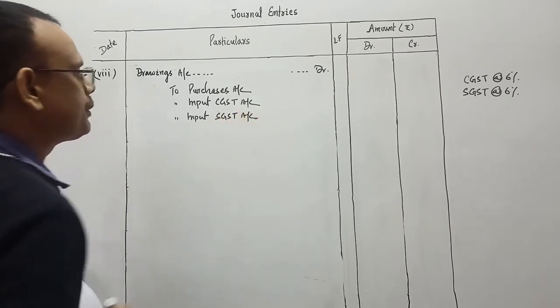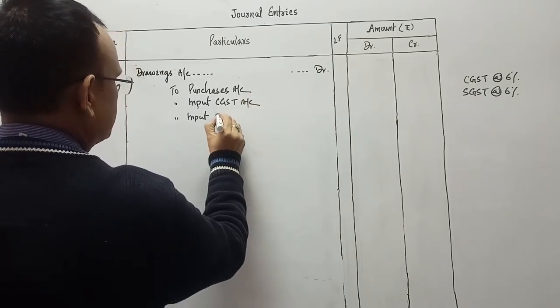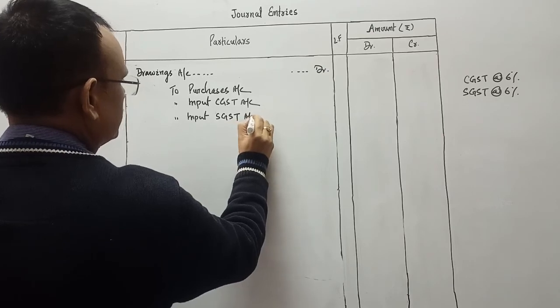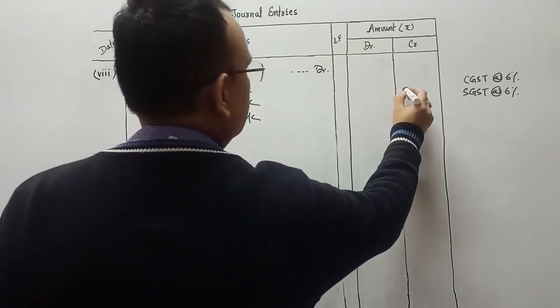The reversal entry will be passed for input CGST and input SGST. So the purchase amount is 10,000.